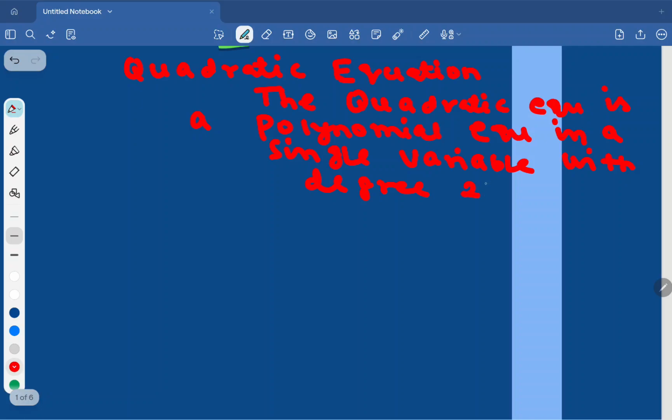It is a polynomial in a single variable with degree 2.